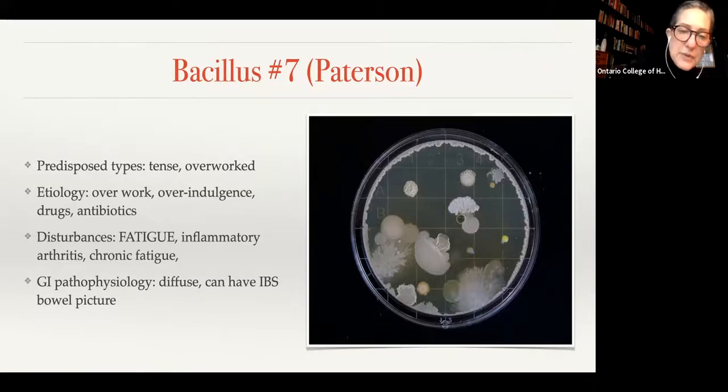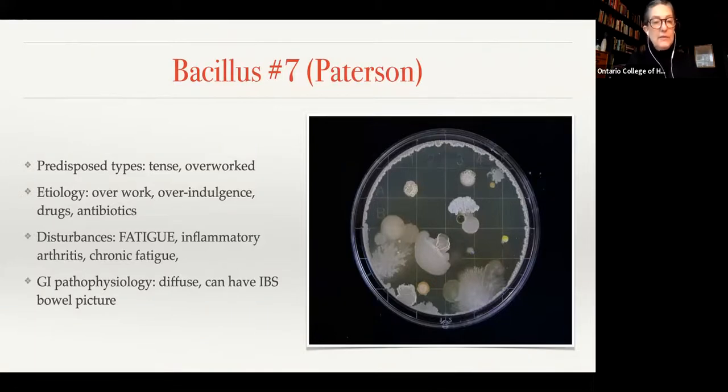So the predisposed types to bacillus number 7 tend to be tense and overworked. The causative factor, the etiology for their disease is, again, overwork, overindulgence, also drugs and antibiotics. That will be true for almost all of these bowel nosodes. The primary disturbances are extreme fatigue, inflammatory arthritis, chronic fatigue.